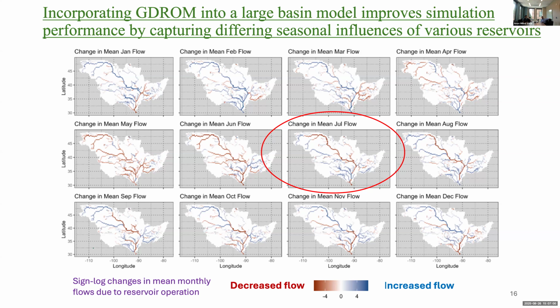We did not consider irrigation, so the irrigation consumption is not taken off. If that were taken off, we probably would not see so much increased flow. That also shows that for a more accurate model, reservoir is an important thing to consider, but we also want to consider other major interventions like irrigation. We are actually working on that.